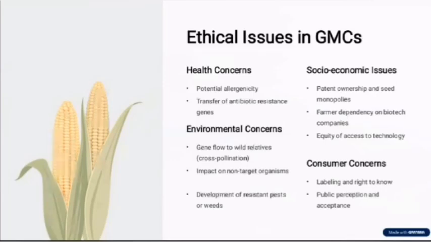Number two, transfer of antibiotic resistance gene. Now, some of these plants, their genes are designed in such a way that they can resist antibiotic. Now, there is a concern that this antibiotic gene can be transferred to other plants.